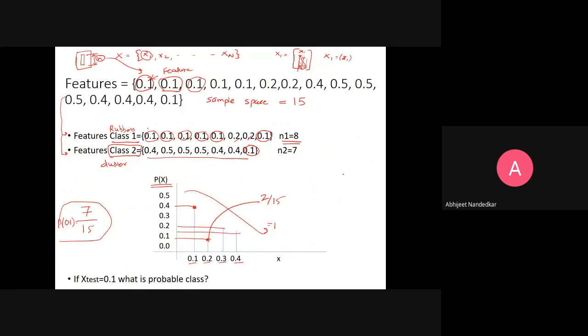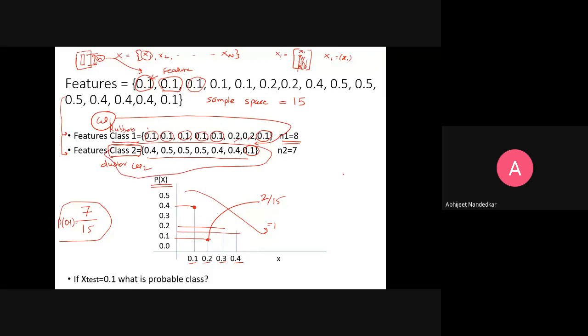So it clearly means, say, this is omega 1, so all these samples belong to omega 1. This is omega 2, so all these samples belong to omega 2. When I say probability of x given omega 1, I am searching for some value of x.